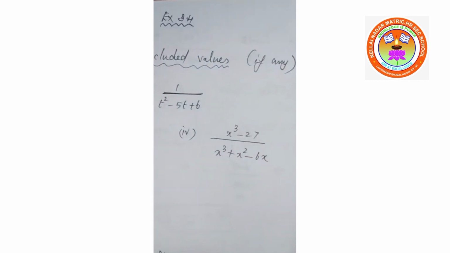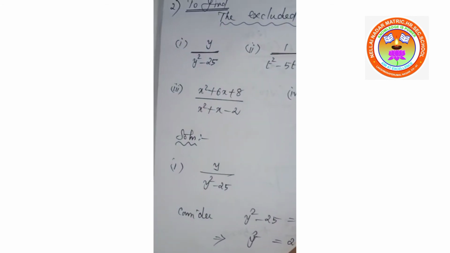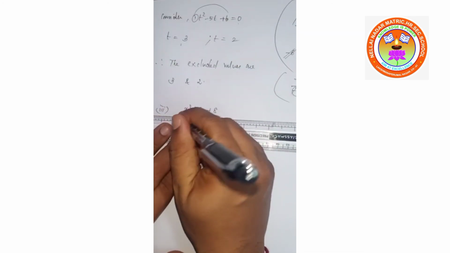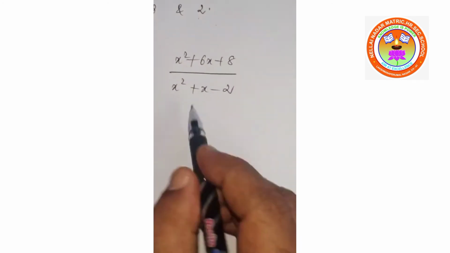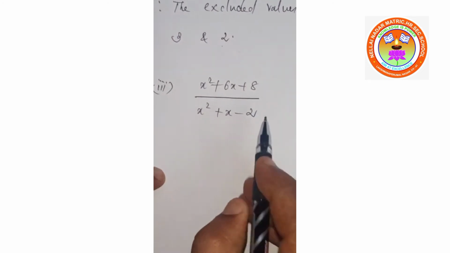Now third expression, x squared plus 6x plus 8 divided by x squared plus x minus 2. For finding the excluded values, remember you have to consider the denominator.